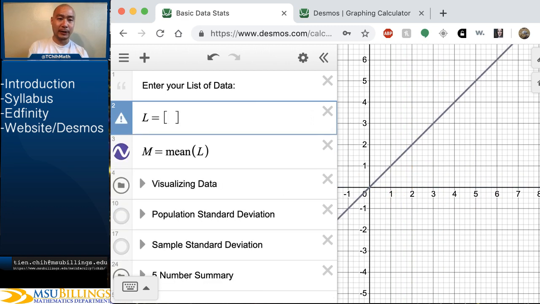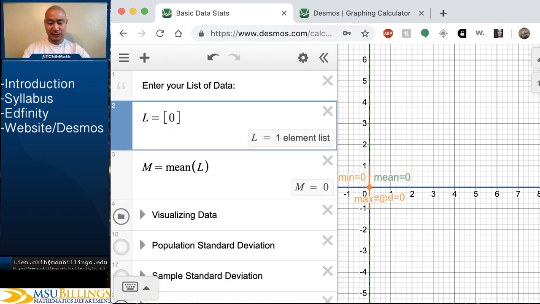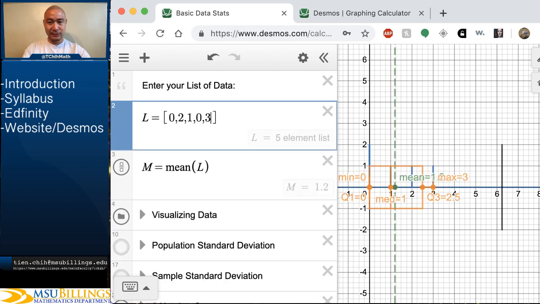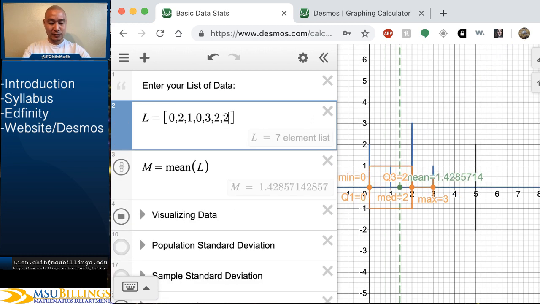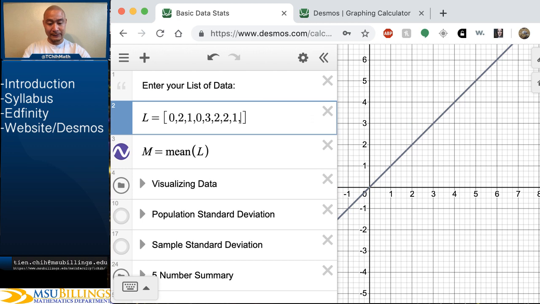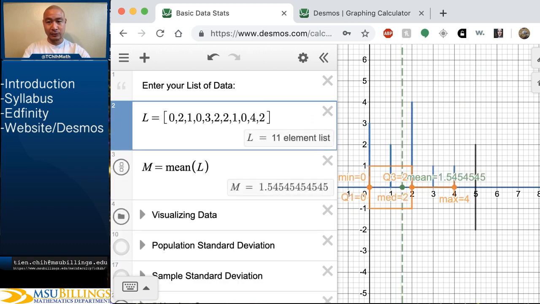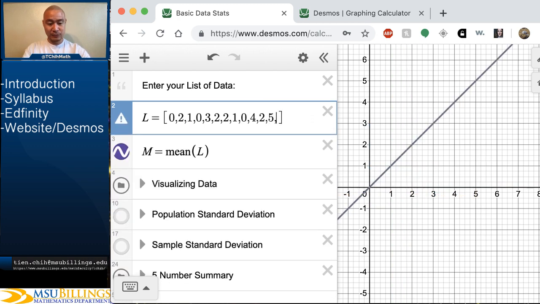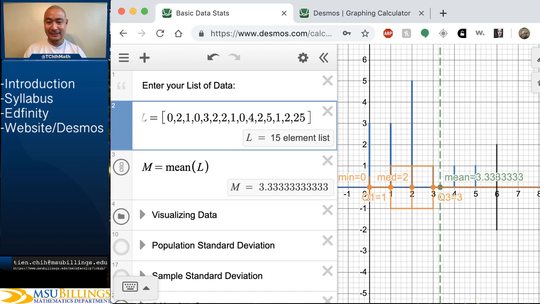Let's say you go to a party and you walk around and you poll people as to how many drinks they've had so far. So you ask the first person, it's 0, and then 2, and then 1, and then 0 again, 3, 2, 2, 1, 0, 4, 2, 5, 1, 2, and then the last person you talk to, let's say, is 25.